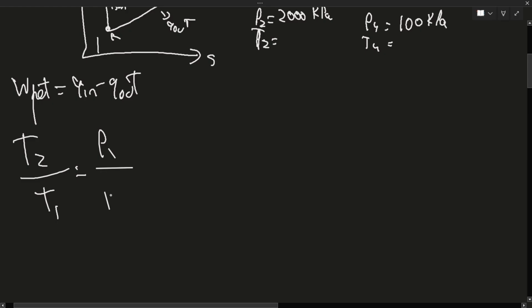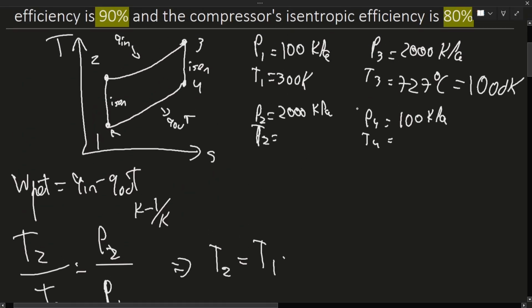P2 over P1 to the power of (K minus 1) over K. So we know that T2 equals T1 times the pressure ratio. K minus 1 is 1.4 minus 1, which equals 0.4, so 0.4 over 1.4.